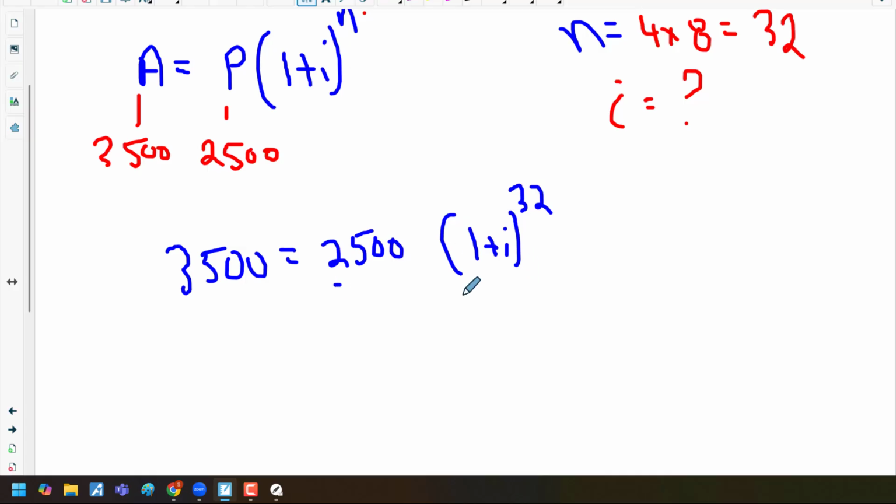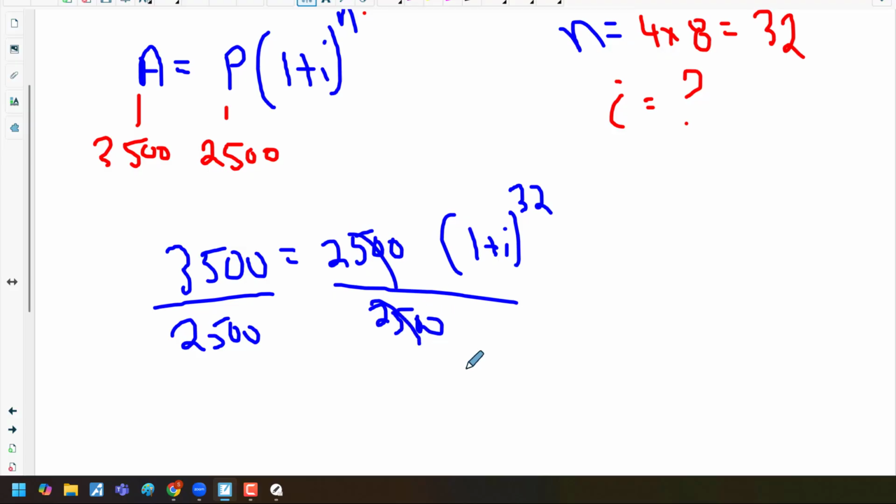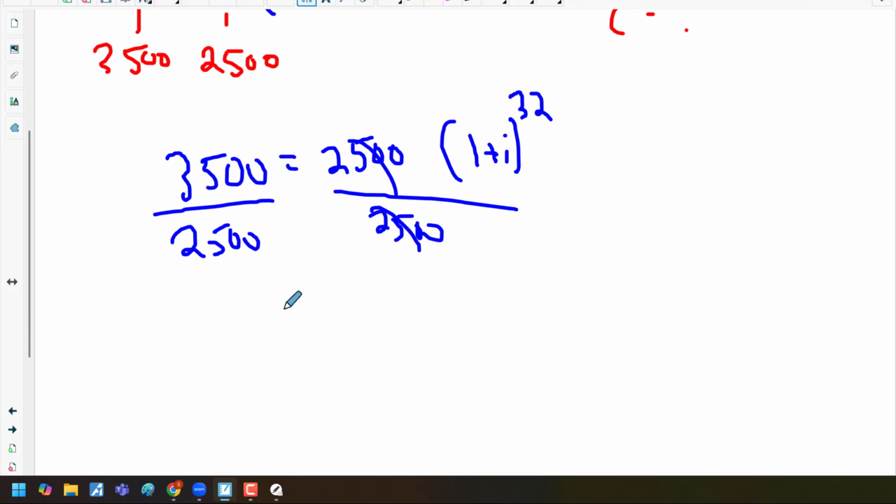So let's divide both sides right now by 2,500. That's how you solve this. 3,500 divided by 2,500. Just use your calculator. Get 1.4. 1.4 is equal to (1 plus i) to the exponent 32.